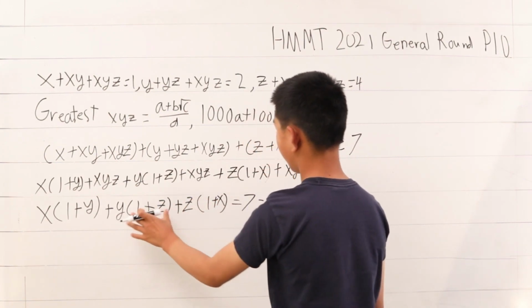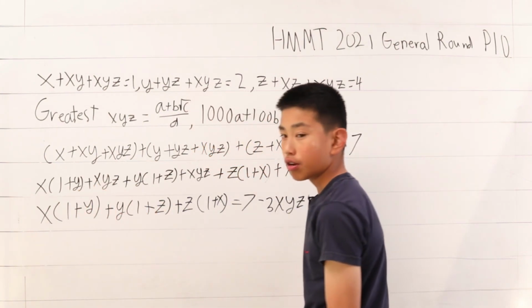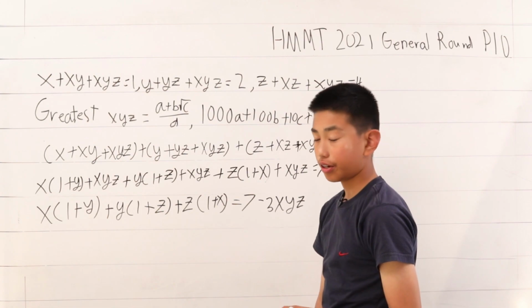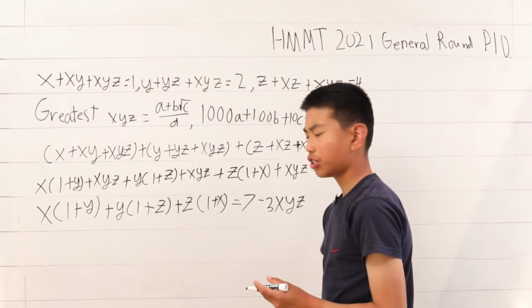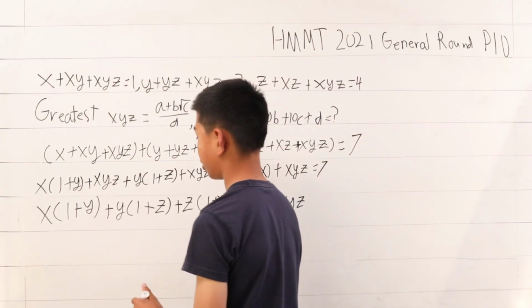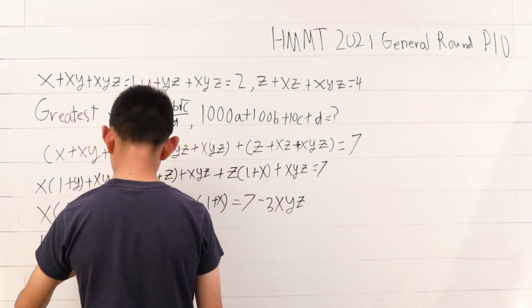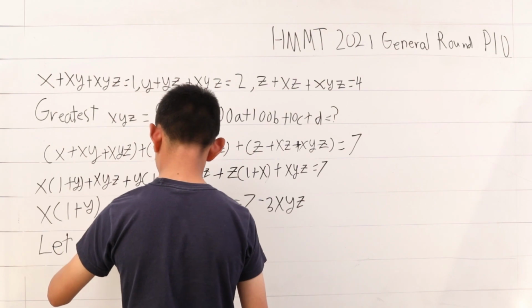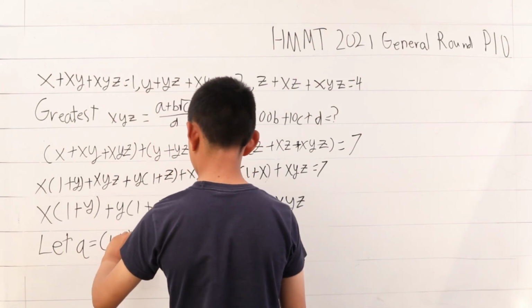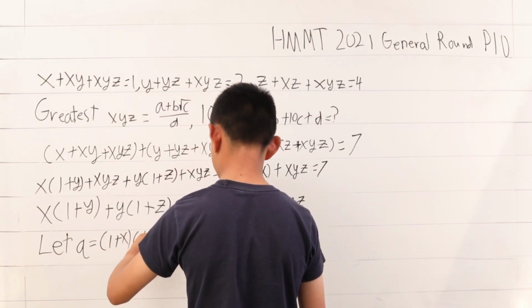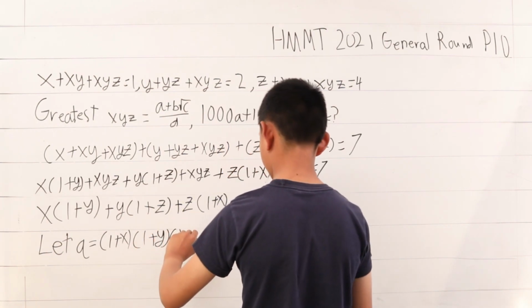When we multiply all these three terms up, we have basically two factors being multiplied. The first substitution we're going to do is let q be equal to 1 plus x times 1 plus y times 1 plus z.